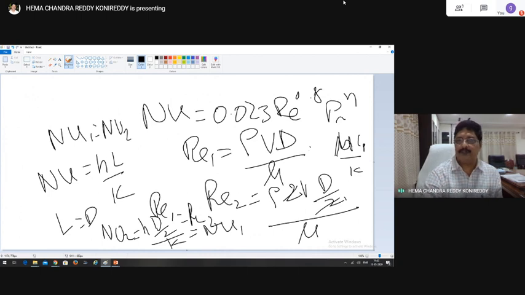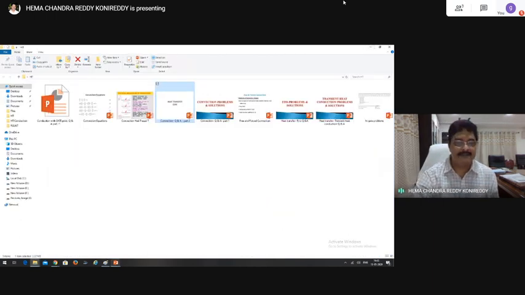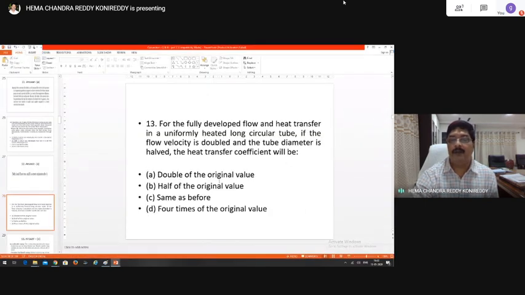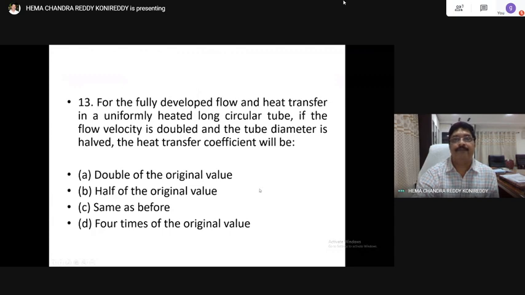So Nu1 is HT by K. It is twice that of earlier Nusselt's number, and therefore the heat transfer coefficient will be double of the original value.